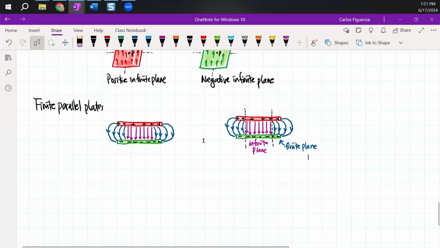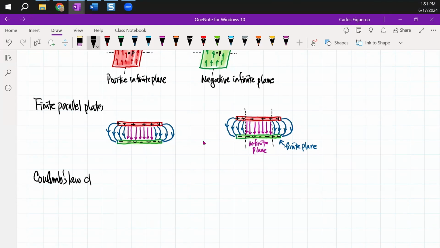So now let's go to the second question. Coulomb's law clearly depends on position.